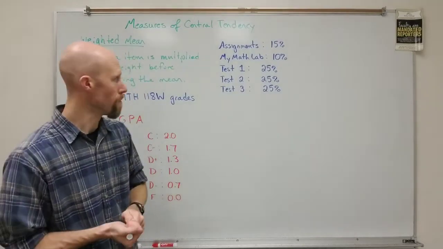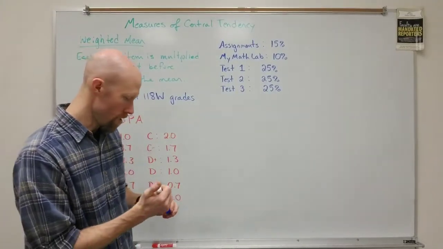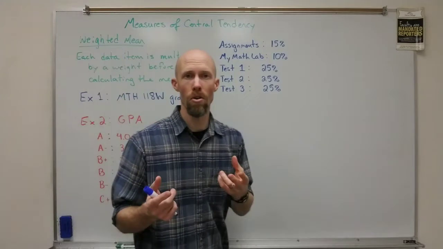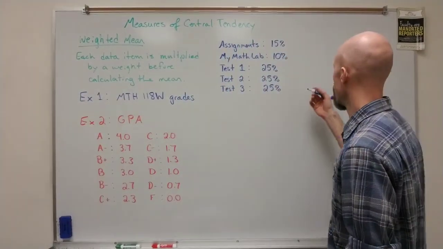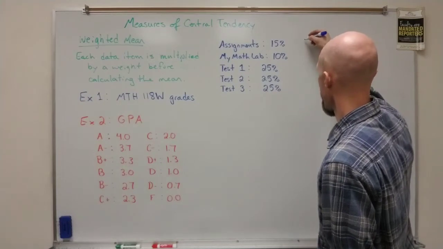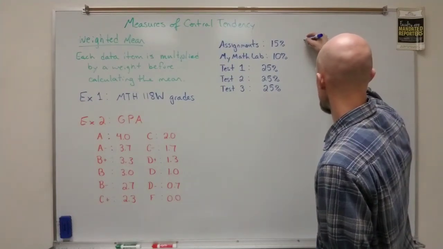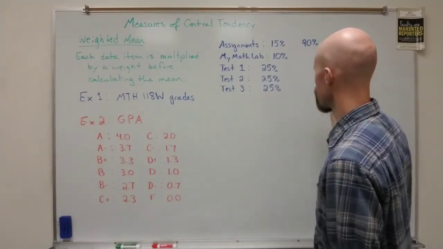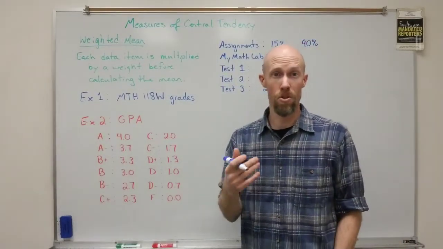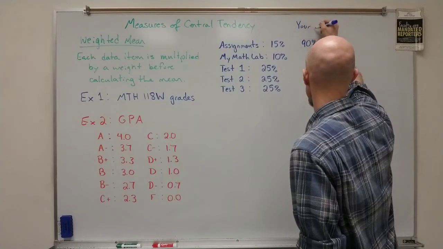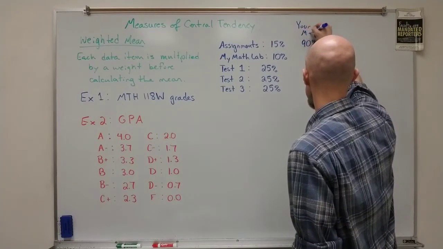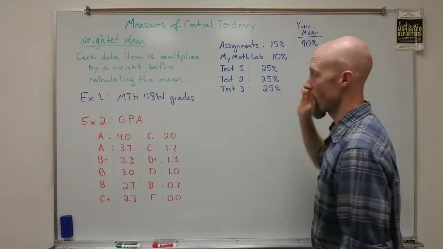Give you an example. Let's say you were earning an average of, let's say 90% on your assignments, okay? This is your grade now, or your mean for that category.